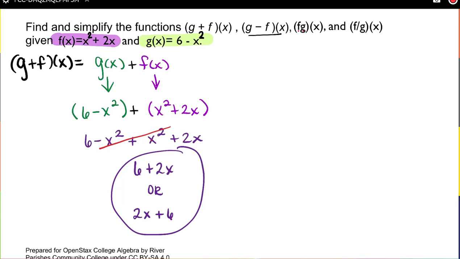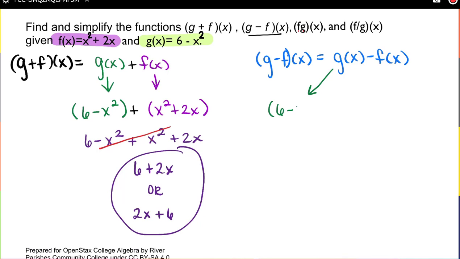Okay, so next we're going to do g minus f of x, and that equals g of x minus f of x. So first, we're going to replace g of x with 6 minus x squared, minus f of x, which we are going to replace with x squared plus 2x.